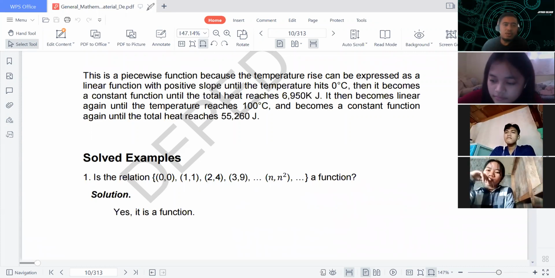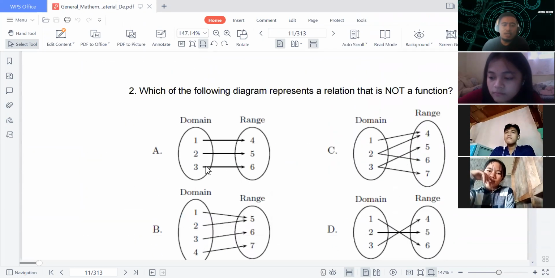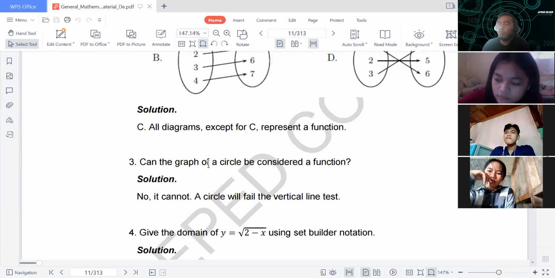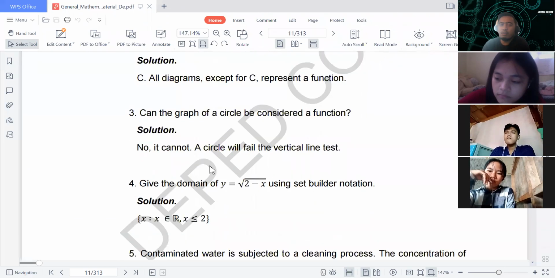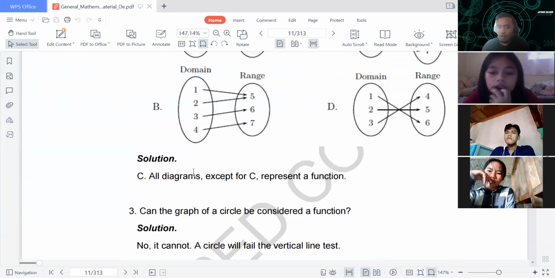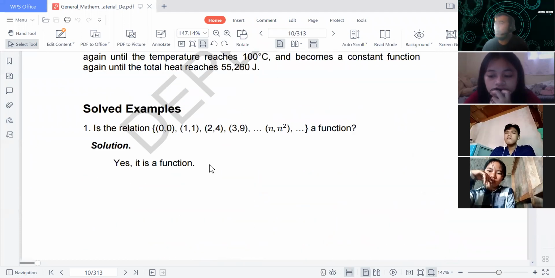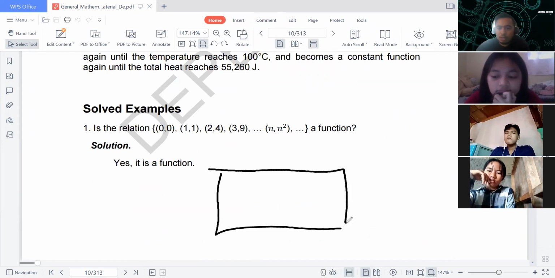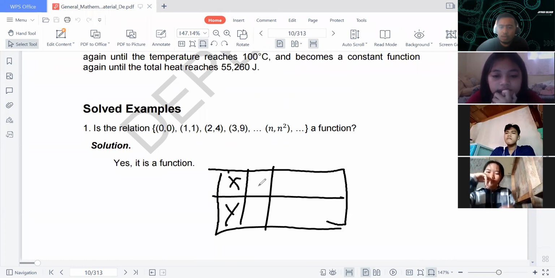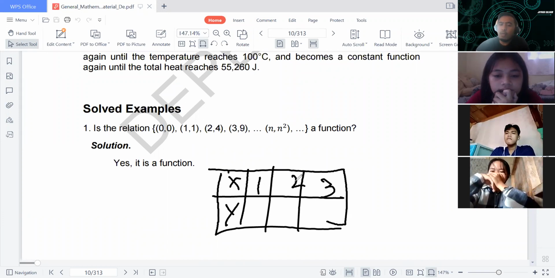I think you know that already. What we have not yet considered is the mapping and the graph. Tabular, sir. The idea of tabular is the same as the idea of ordered pairs. If you have a tabular representation, say for example, you have x, you have y, and you have 1, 2, 3. If the value of x is not repeated, then that is a function.